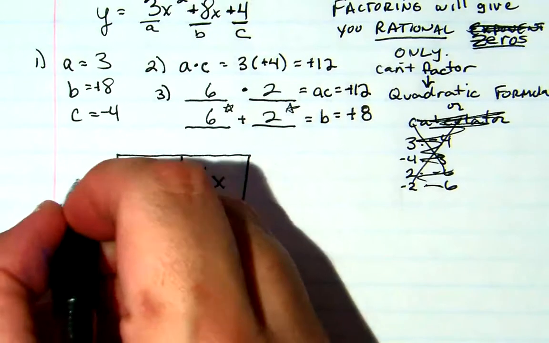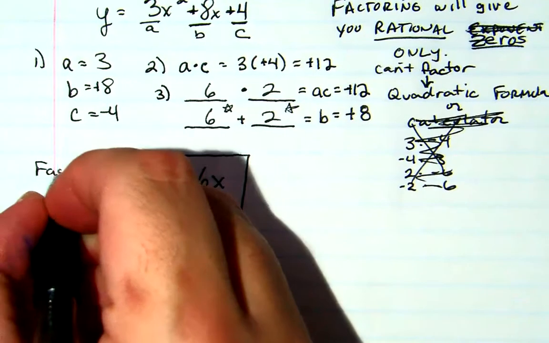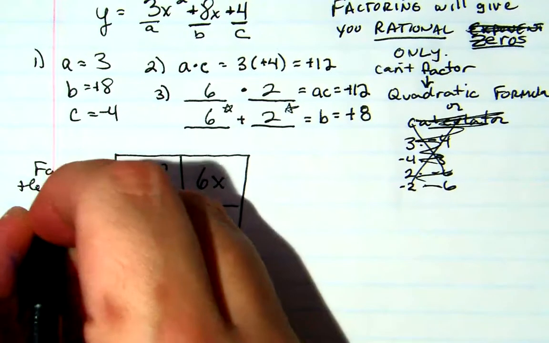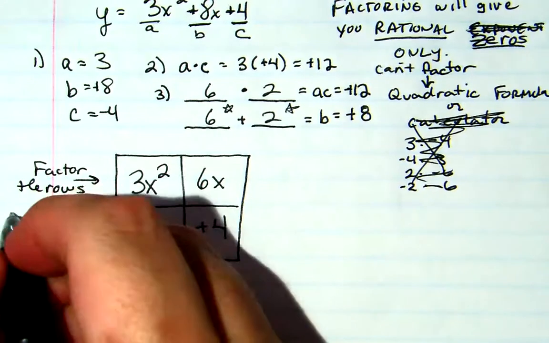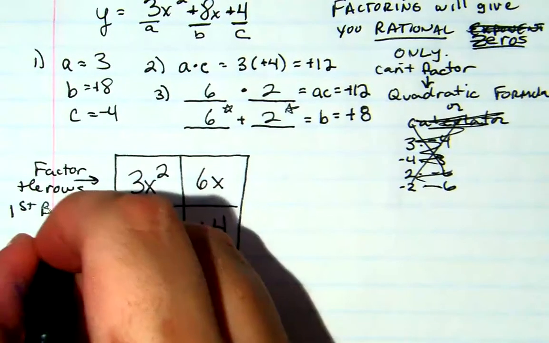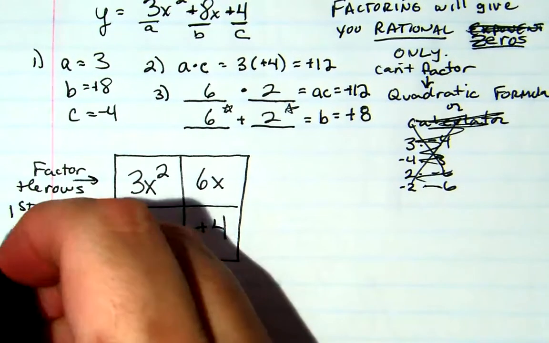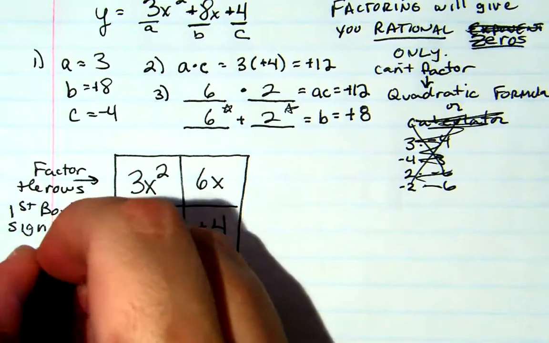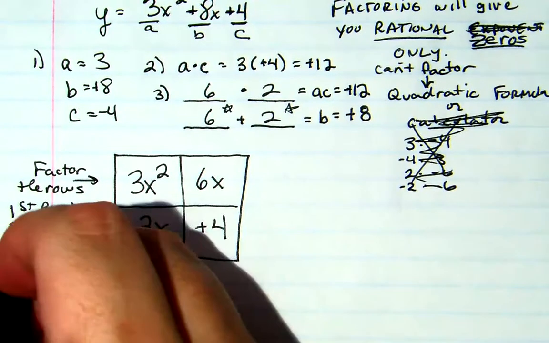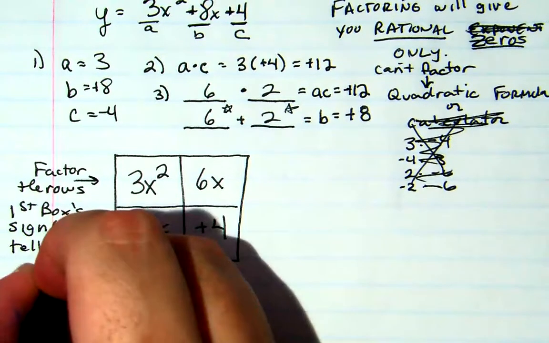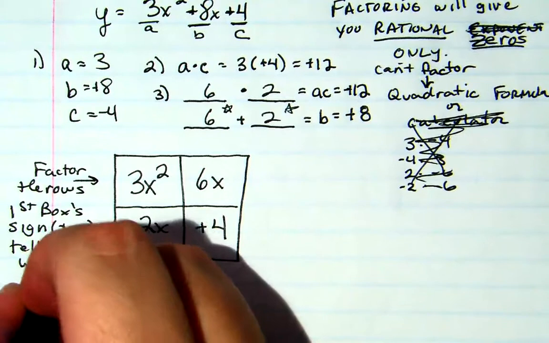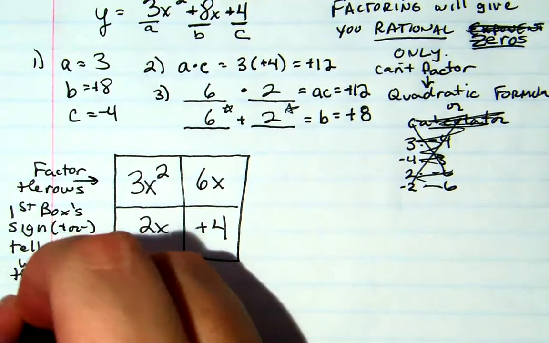And now what I'm going to do is factor the rows. The first box's sign, positive or negative, tells me what the factor sign is.